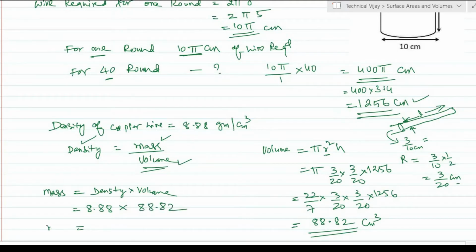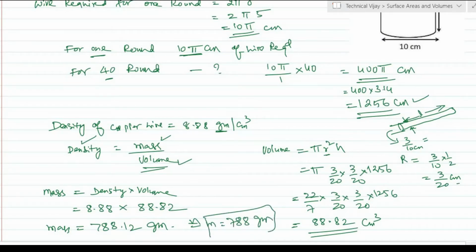So we can multiply. This mass comes to 788.12. This is in grams, since he has given grams per cubic centimeter. So approximately, mass is equal to 788 grams.